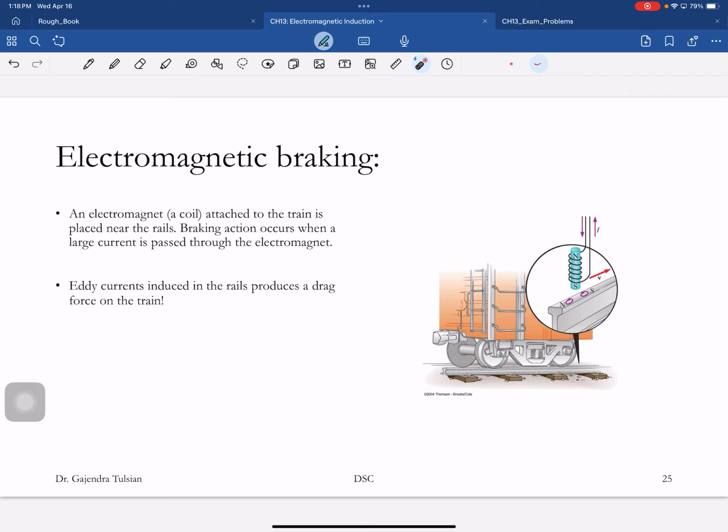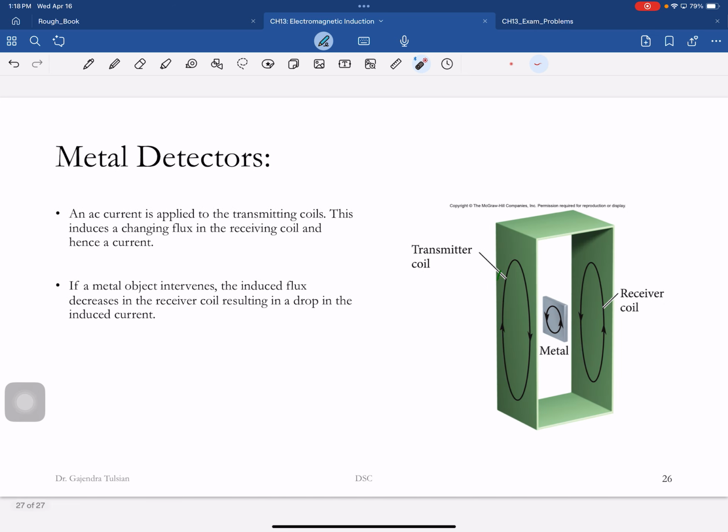All right, guys. Oh, here's a metal detector. So here's how metal detectors work at the airports and stuff like that. You feed an AC signal to this, which makes the flux through the receiving coil change, and so it's inducing a current in this receiving coil.